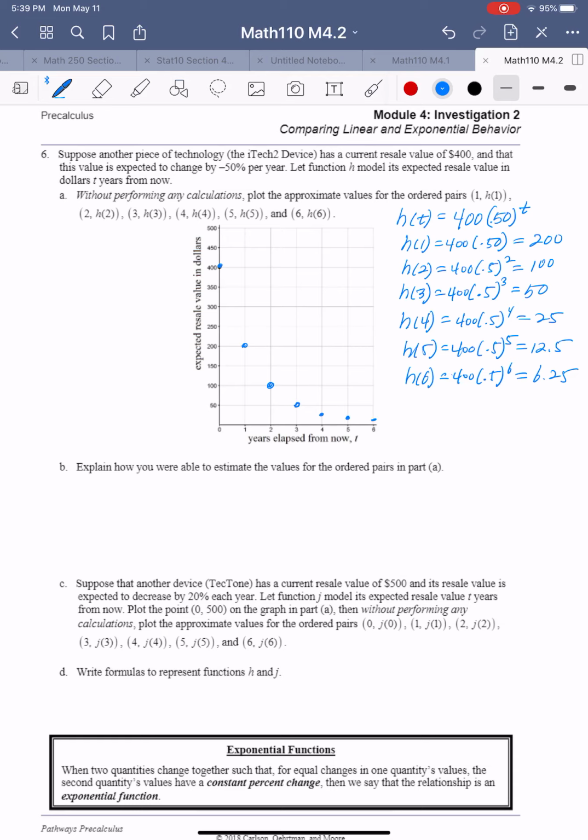So you can connect them nicely as a curve. Yeah, so the graph is going to be like that.